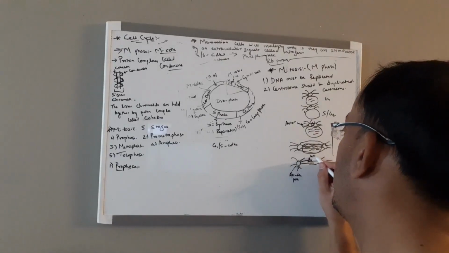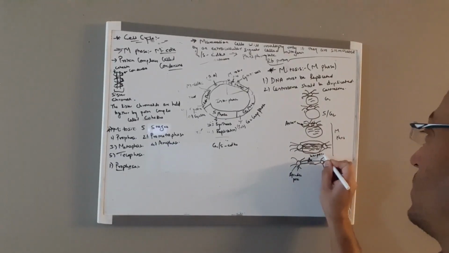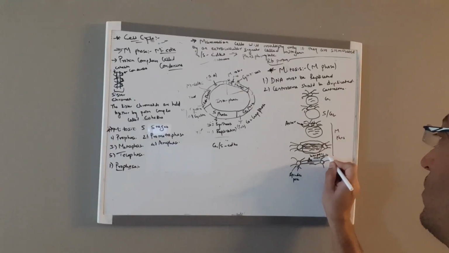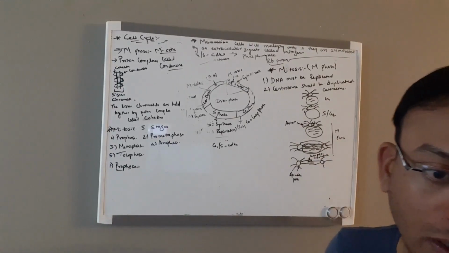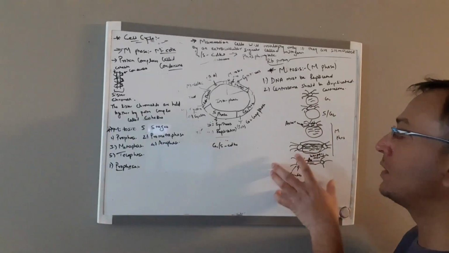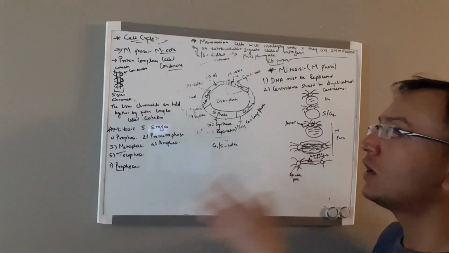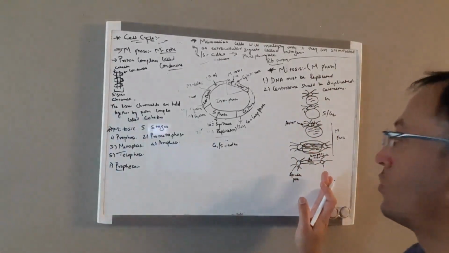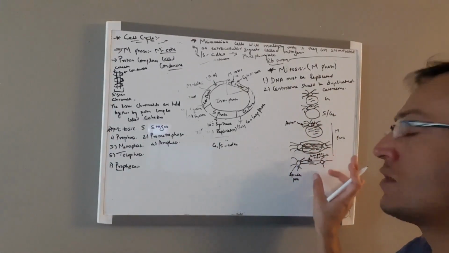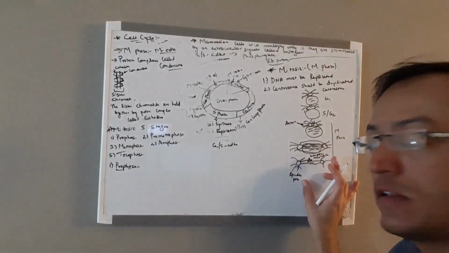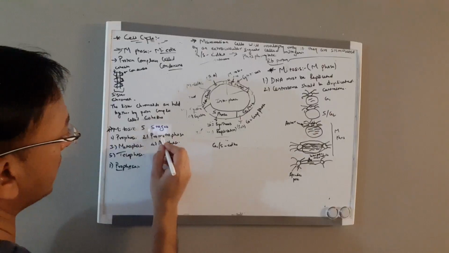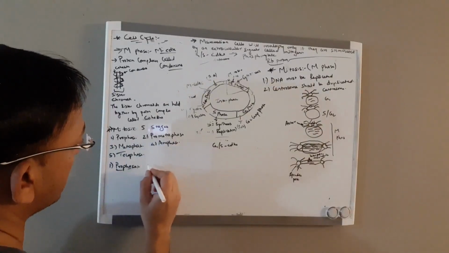So this is what happens in the prophase of mitosis, right? That was prophase. In prophase, this mitotic spindle develops. And now the second, that is prometaphase.